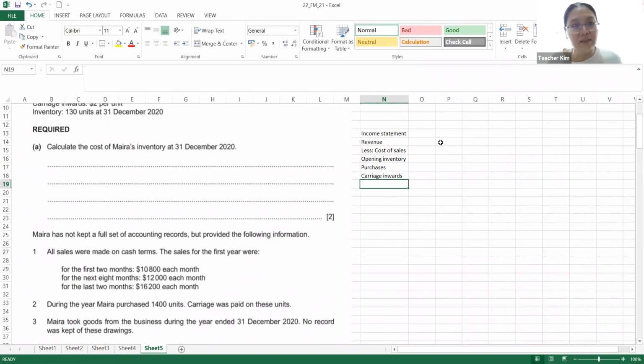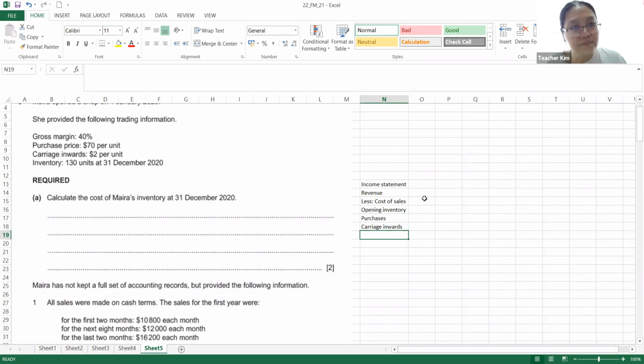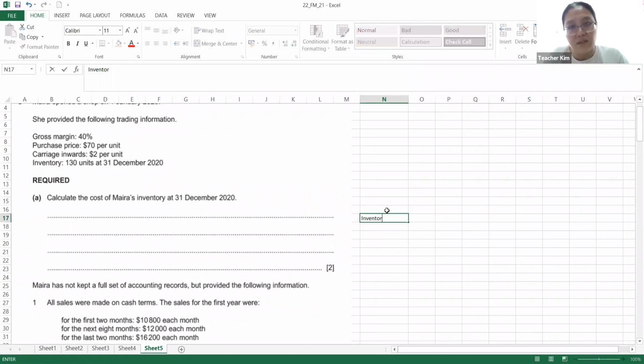Okay, now let's move on to question 5. Here to find the cost of the closing inventory, we do not need to work out the quantity because they give us this amount. So this one can skip because they give the quantity already. To calculate the closing inventory, we take 130 quantity times the purchase price and the carriage inward.